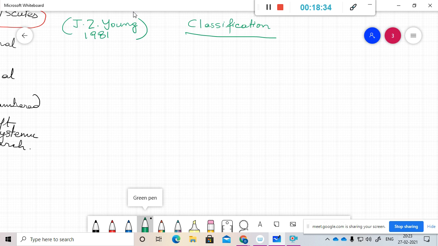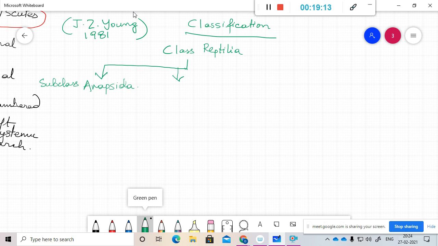So according to the classification of J.Z. Young, class Reptilia is divided into subclasses. The first is subclass Anapsida. You have to study only the living subclasses.